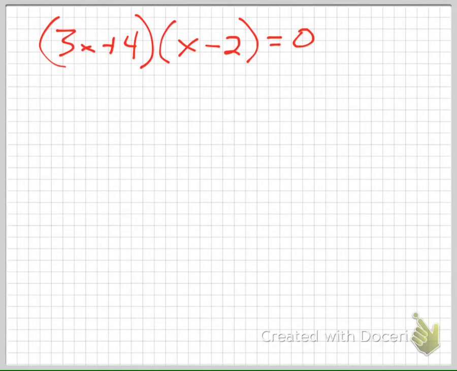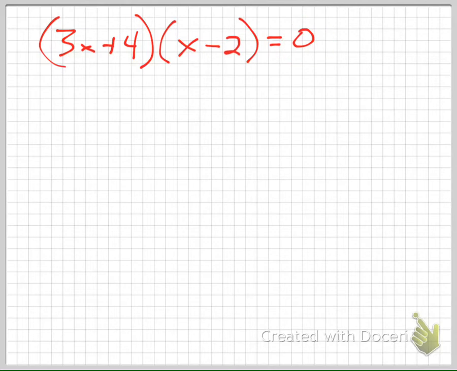Now, when you look at this, you know it equals 0. It wouldn't work if this wasn't equal to 0, right?